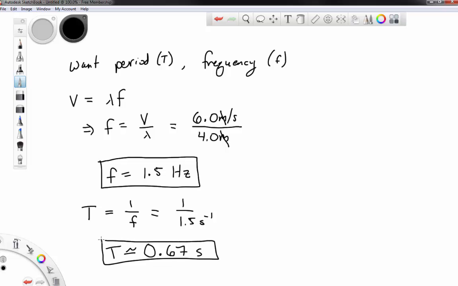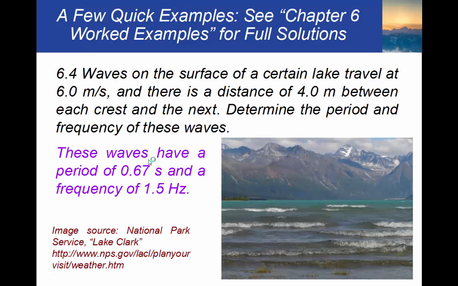Okay, and those are both keeping track of the number of significant figures that we should have. So again, the waves have a period of 0.67 seconds and they have a frequency of 1.5 hertz. So every 0.67 seconds one of these waves is arriving at the shore, and 1.5 of them are arriving every second.